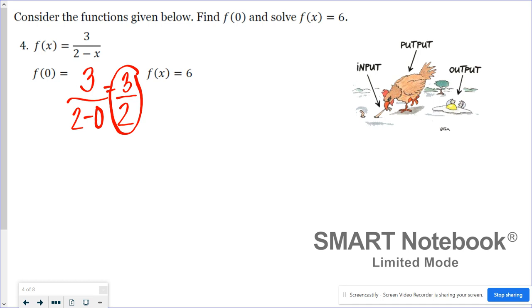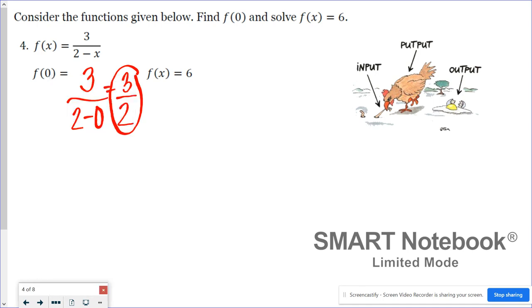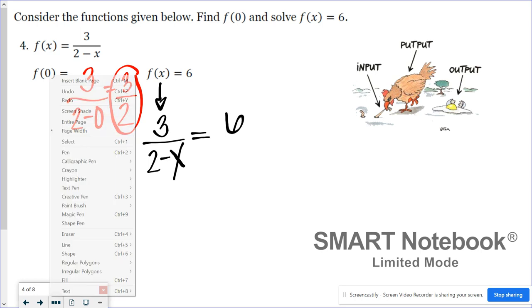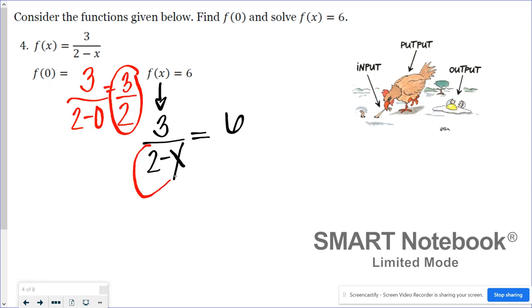For f of x equals 6, at first glance, it's like, what's the equation that I'm solving? Well, remember, we need to rewrite it. F of x is the function 3 divided by 2 minus x. So this is equal to 6. Okay, so this is a really simple rational equation. We can solve this by cross multiplying. So that's what I'm going to do. I'm going to go 2 minus x times 6.